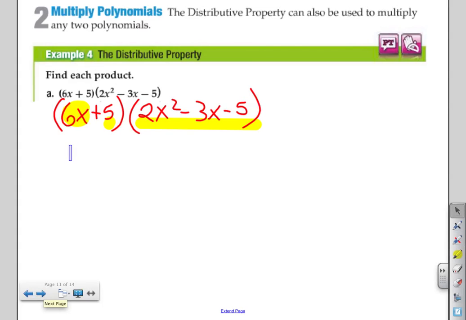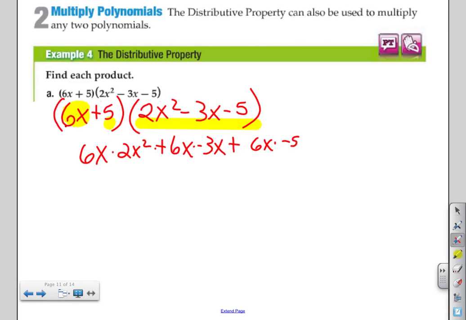So we're going to go 6x times 2x squared plus 6x times negative 3x plus 6x times negative 5. All right, you see I've multiplied the 6x by every single thing in that polynomial.